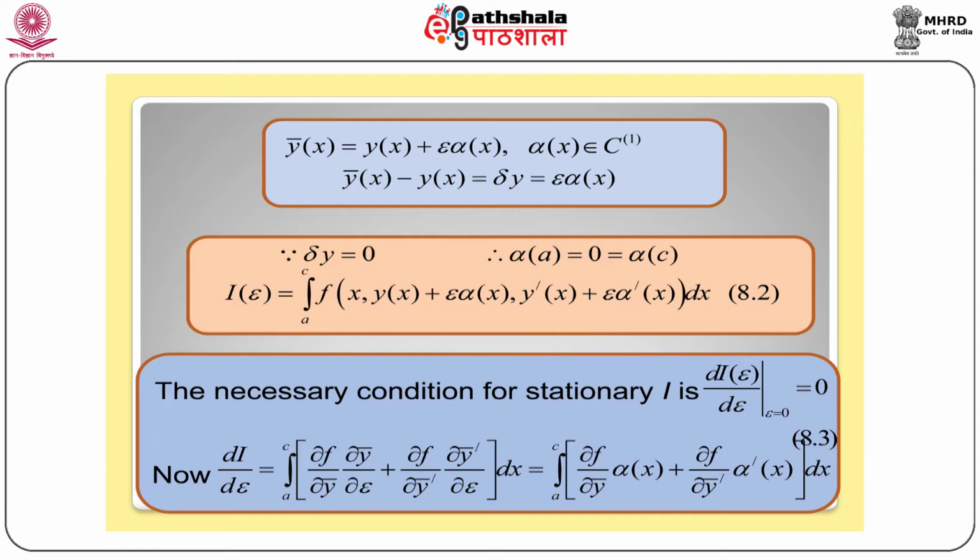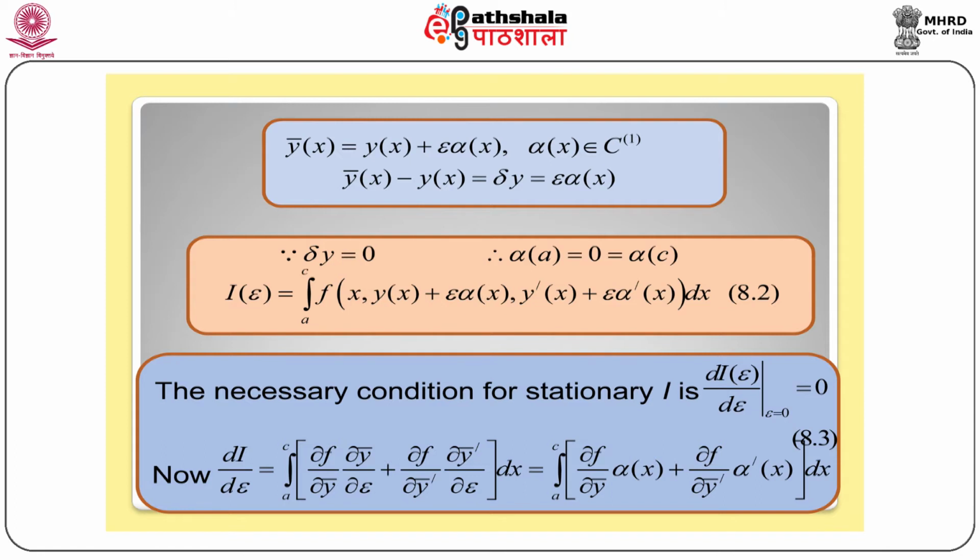Here we have replaced y bar x using the relation with y x. We observe that y bar x reduces to y x, that is the function for which the integral I becomes stationary, for epsilon equal to 0.